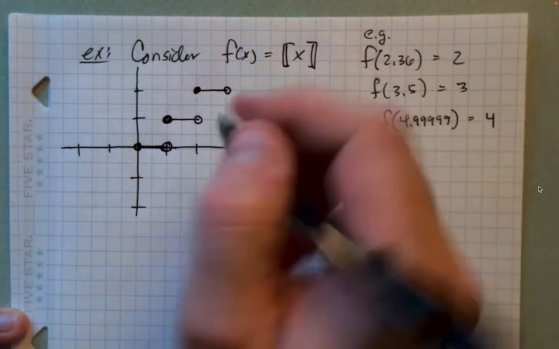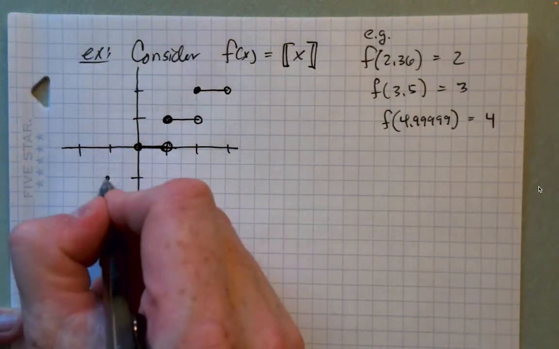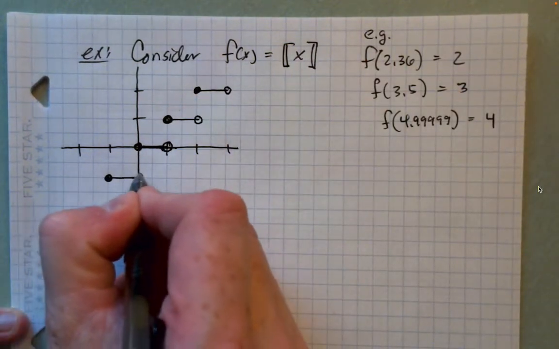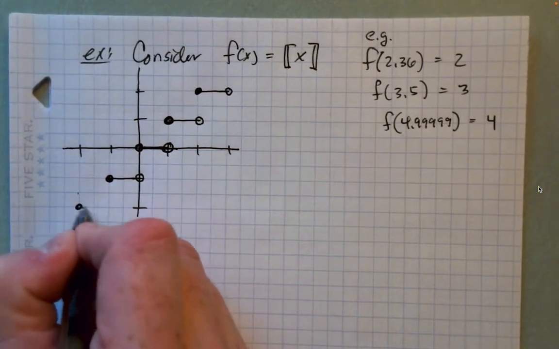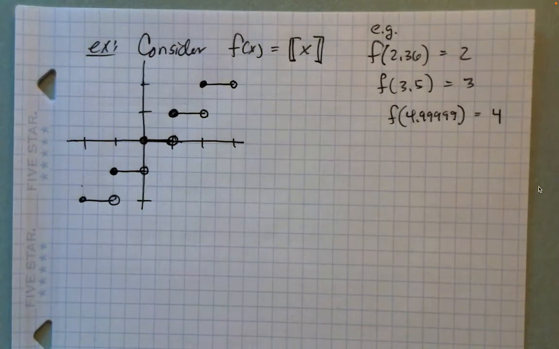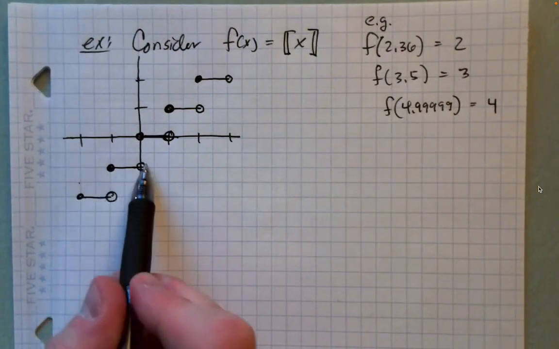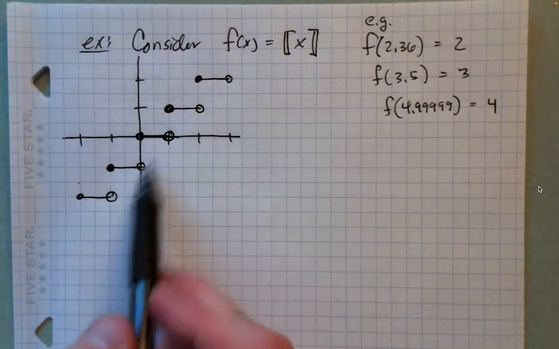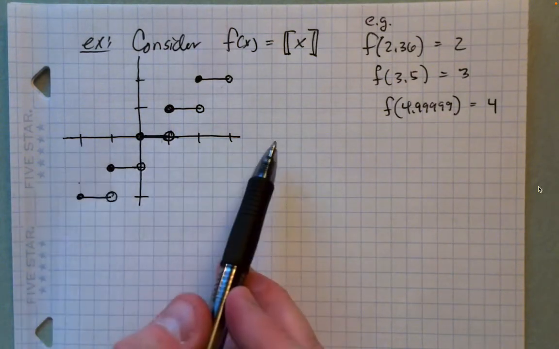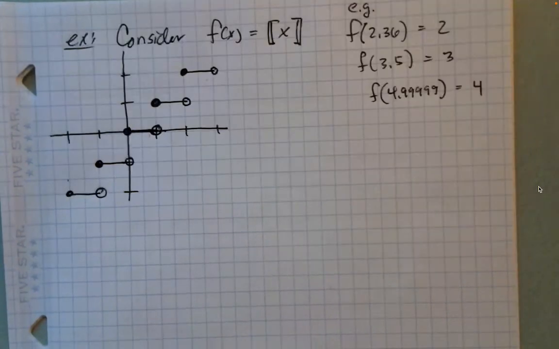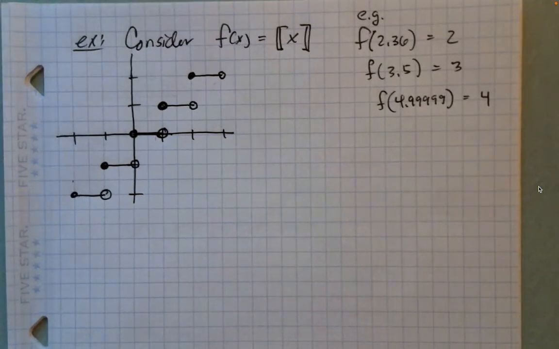And similarly down here it would look like this. So you can see that it's defined everywhere. You've got a lot of gaps, but that's because you've got these jumps. Every real number is defined for this function, but it has a lot of discontinuities.